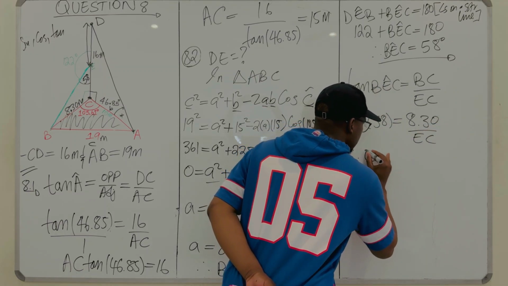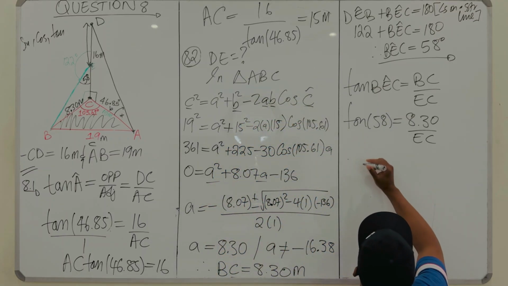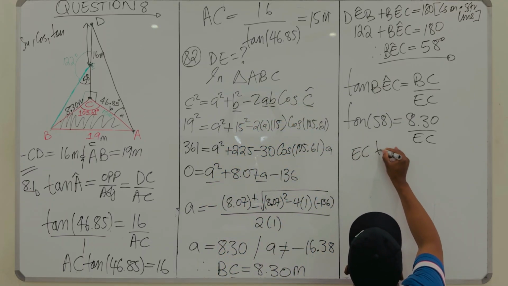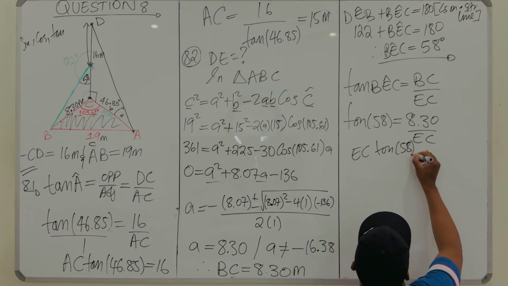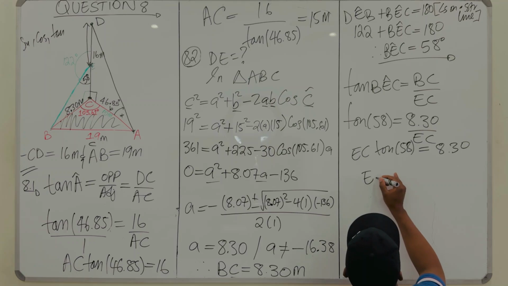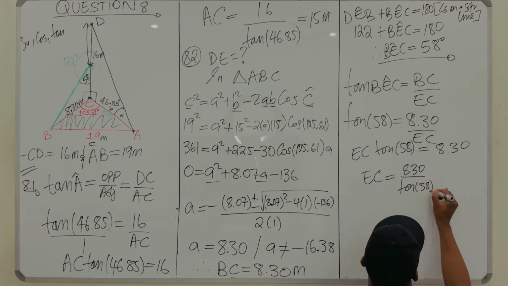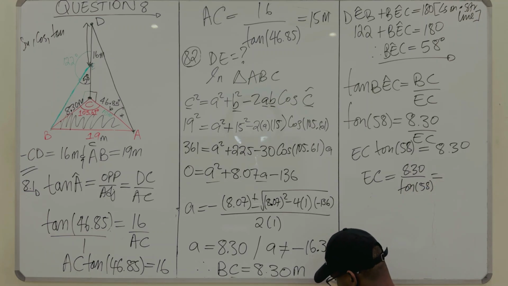You cross multiply. EC tangent of 58 is equal to 8.30. Divide by tan on both sides. Your EC is equal to 8.30 divided by tangent of 58.